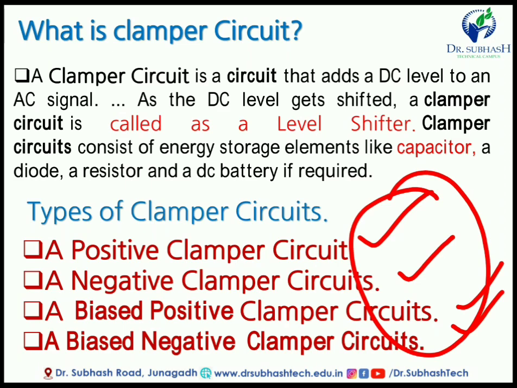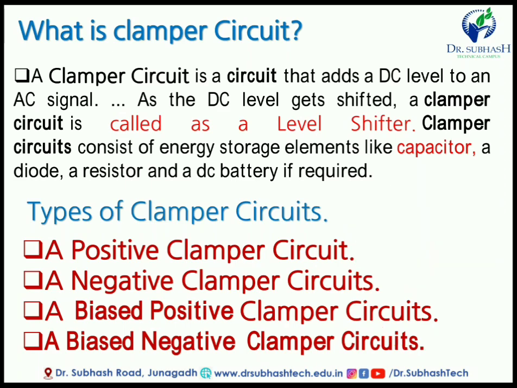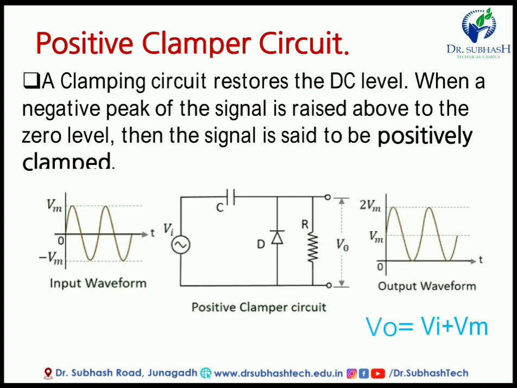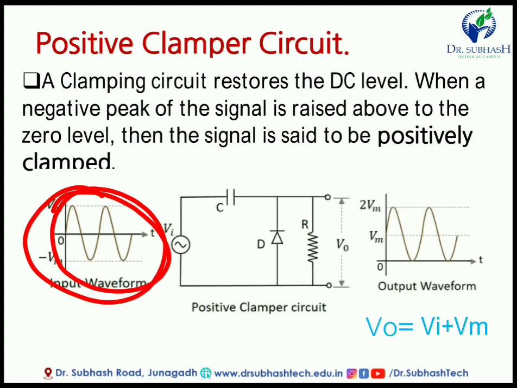So it is known as a bias positive or bias negative clamper. Let me start with the positive clamper circuit. Here the input signal is shifted to the positive side according to our requirement, so it is called a positive clamper. The signal is clamped to the positive side.